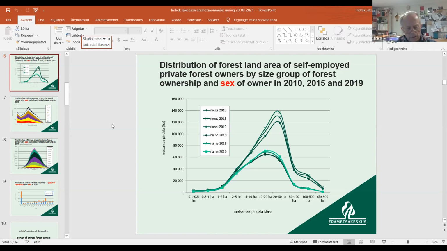My idea was that forest land is a limited resource, and how come the number of forest owners is growing? But no, the number of forest owners is decreasing and the average land is slowly increasing.